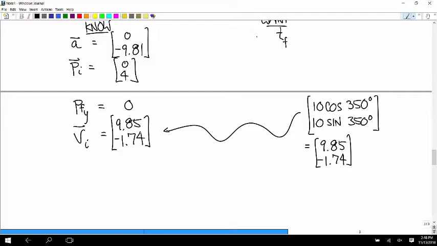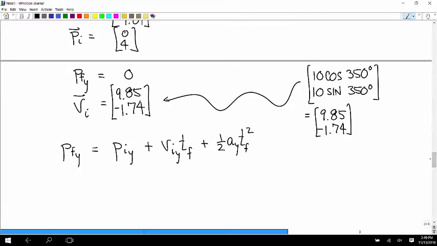So we're looking for an equation that works to solve for TF. And the one that looks like it works is PFY is equal to PIY plus VIY TF plus 1/2 AY TF squared. So you get 0 is equal to 4 minus 1.74 TF minus 4.905 TF squared.